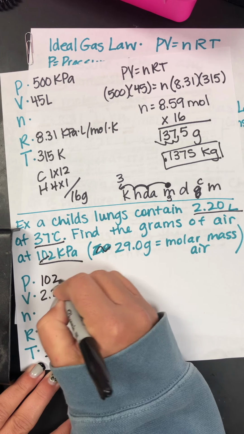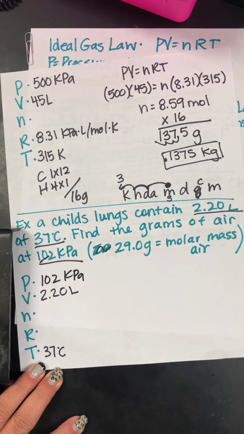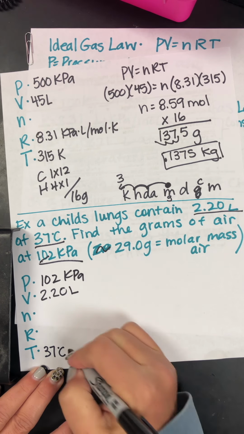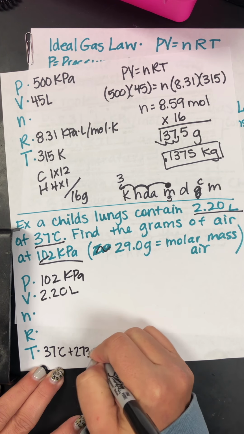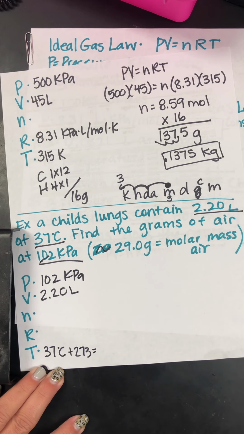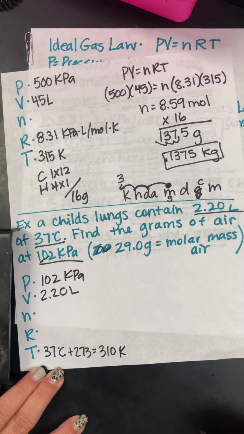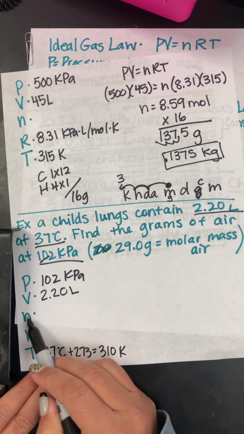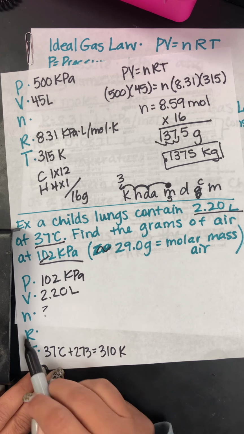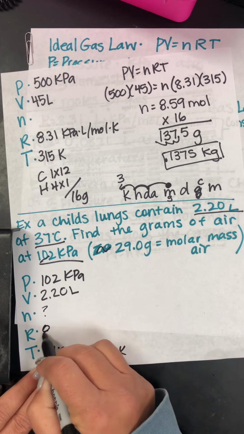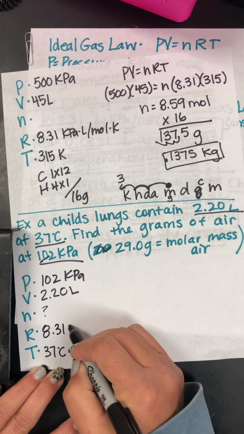And 102 kilopascals. So the first thing I need to do, since my temperature is in Celsius, is convert it to Kelvin. All I have to do is add 273. So 37 plus 273, let me do plus instead of multiply, don't make my mistakes. That gives me 310 Kelvin as my temperature. My N value is what we're looking for, and R is going to be 8.31 because I have kilopascals.